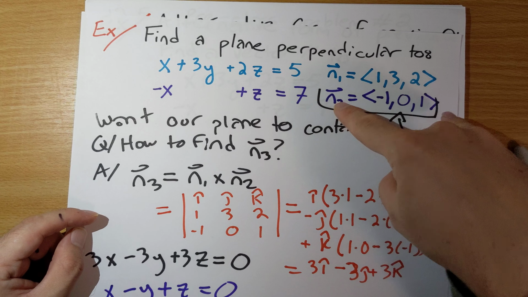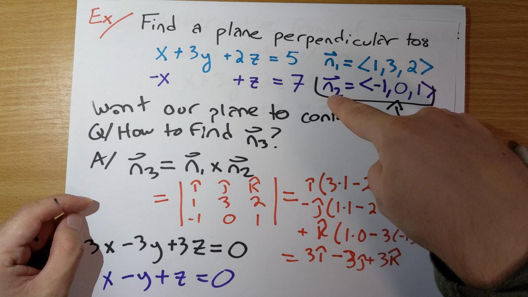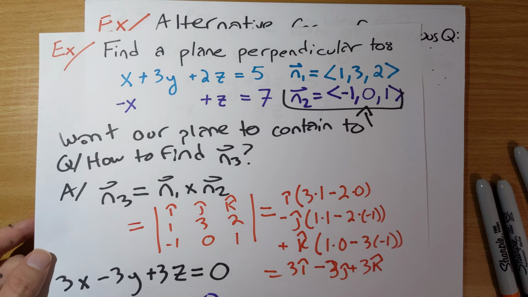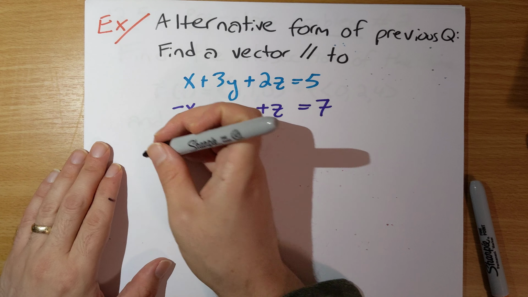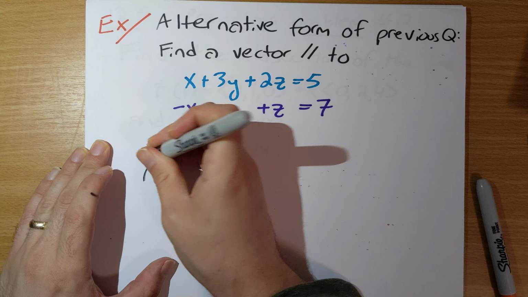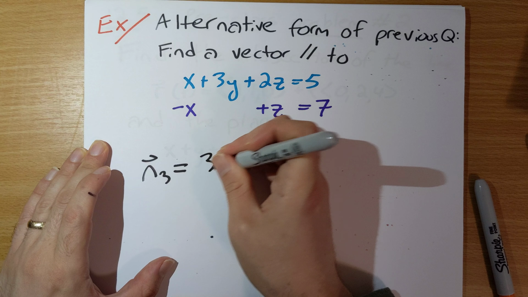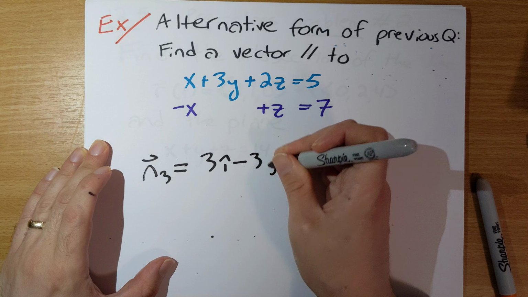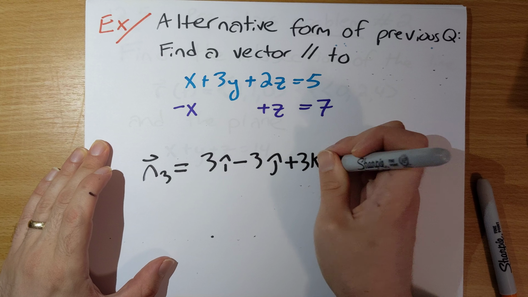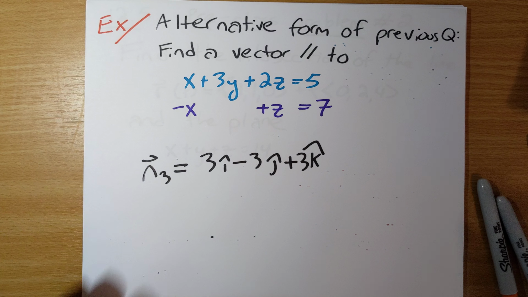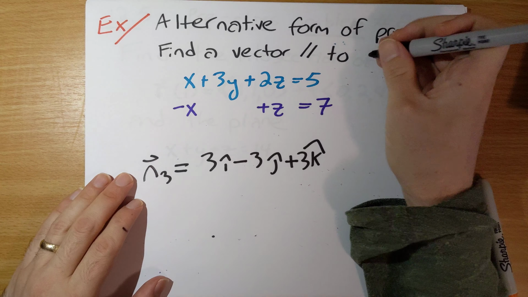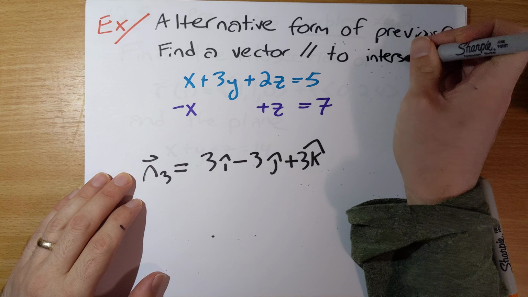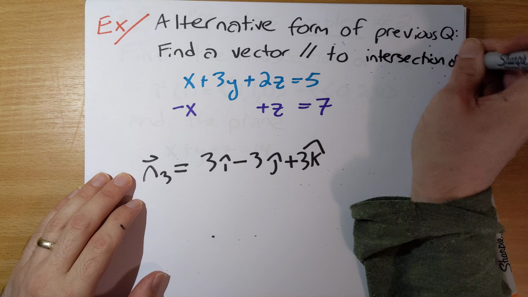If this vector is orthogonal to the thing that's orthogonal to the second plane, it's also parallel with the plane. And so all we have to do is just use our n3 from the previous slide, 3i minus 3j plus 3k. So take the cross product of the normal vectors, that gives you something parallel to the intersection. Let me stick in that word there.